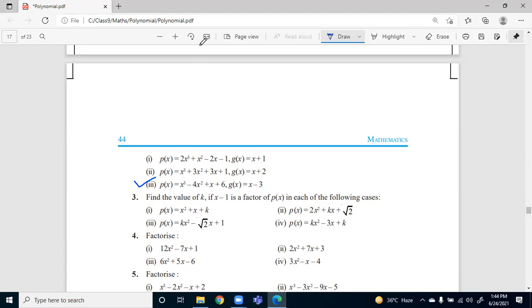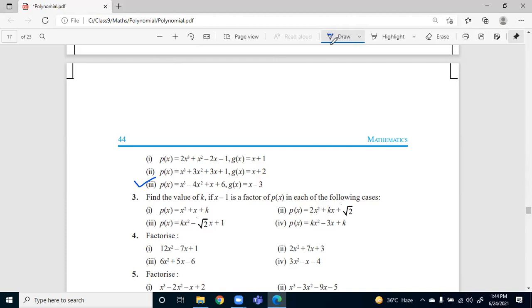Ma'am, it's a factor. Okay, that is Leona's answer. What are others saying? Does everyone agree? Yes, ma'am, it is a factor. So when you substitute x is equal to 3, then you will get the value of p(x) as 0.